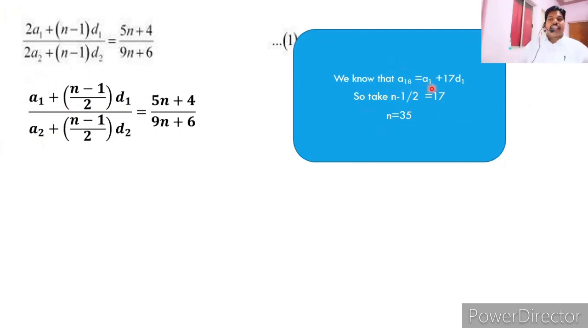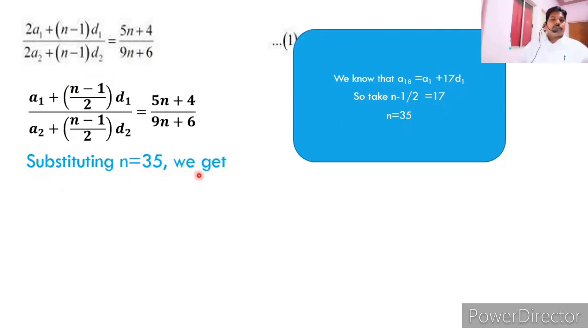You have to get a1 plus 17 into d1. But in the numerator, in the place of 17 you have n minus 1 by 2, so you have to make this value 17. When n is equal to 35, this value will become 17. That's why I am substituting n is equal to 35.